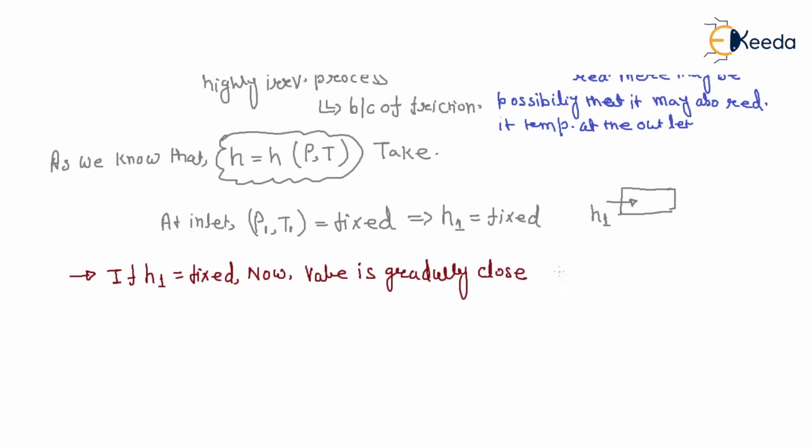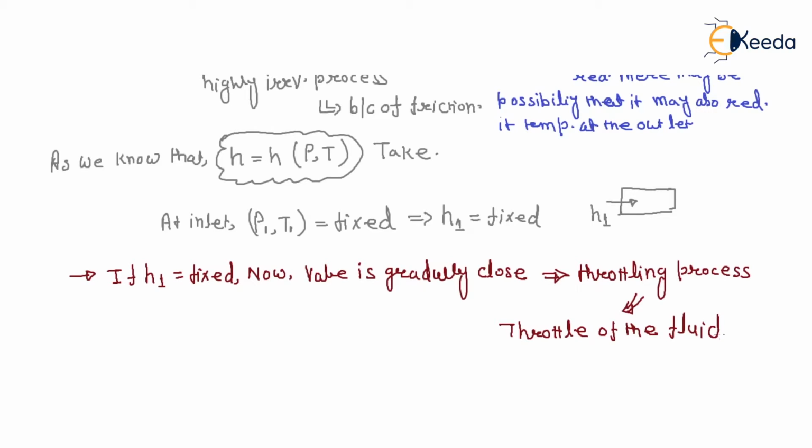If the valve is gradually closed, that process is known as throttling. Throttling process, that means you throttle the fluid. What is the throttling of the fluid?